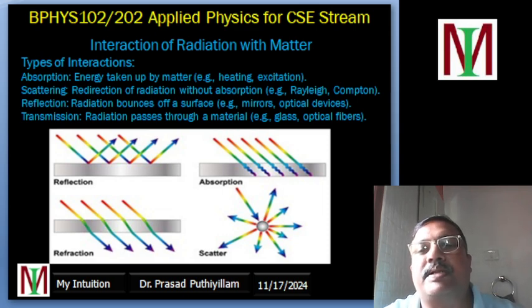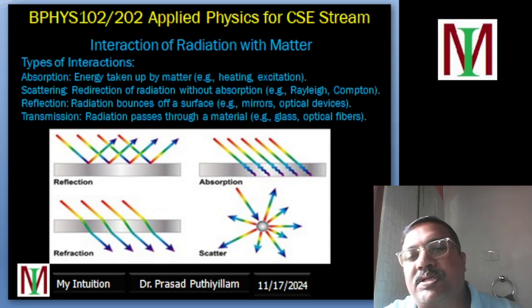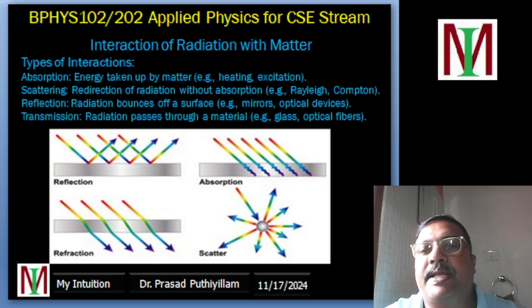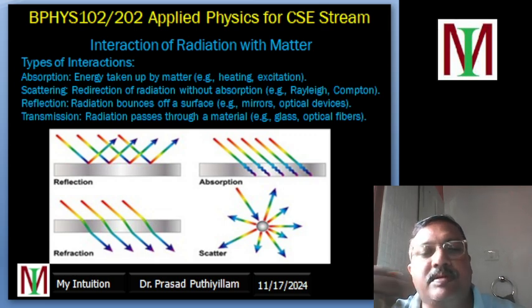These are all those interactions. First point, that is absorption. Absorption occurs when the energy of the radiation is taken up by the matter. Look at the second image, absorption is mentioned.